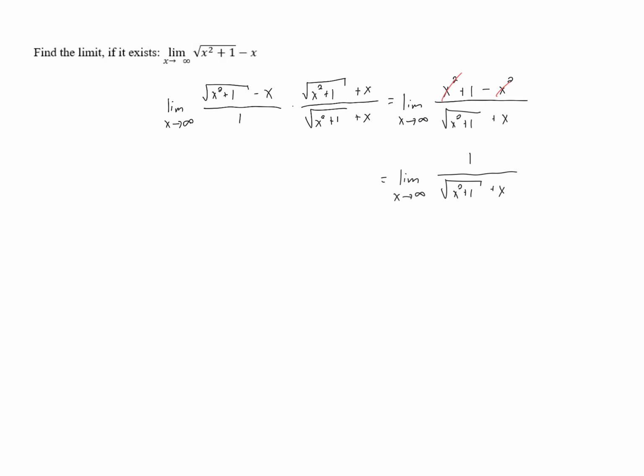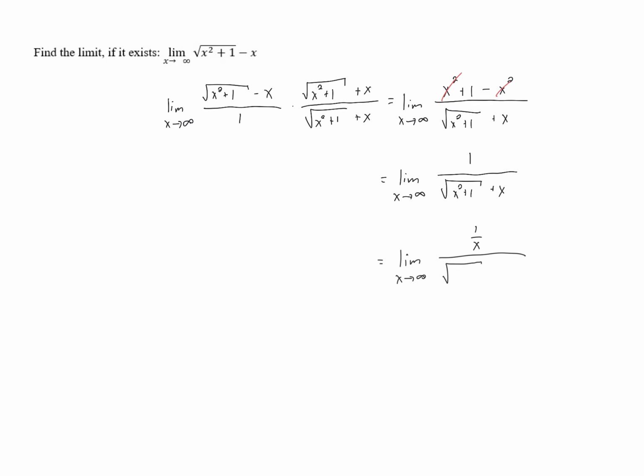And then we can use the trick that we used before, where we want to divide the top and bottom by the largest power of x in the denominator. That's just going to be x, because even though we have an x squared in here, the square root of x squared is just x. So we're going to divide the top and bottom of this by x. So it's going to give us 1 over x in the top.